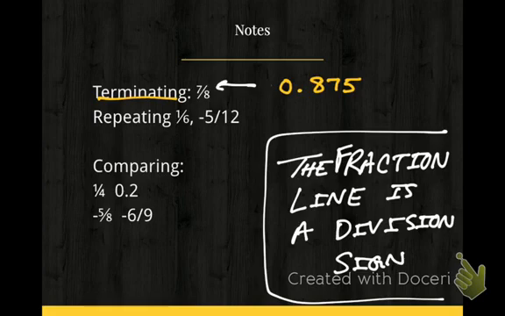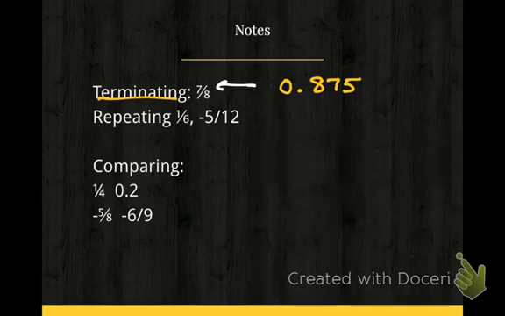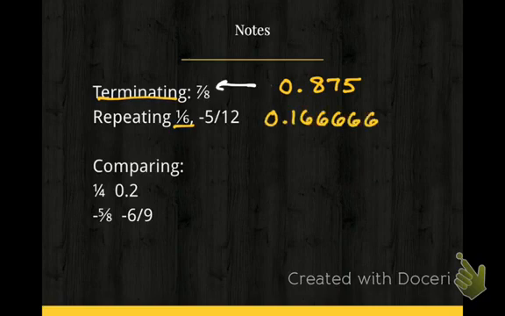We can do the same thing with some of our repeating decimal examples here. My first one is 1/6. If I take 1 divided by 6 on my calculator, you will probably get something like 0.1666666. It's going to repeat for a while, and then you're going to see a 7 there.